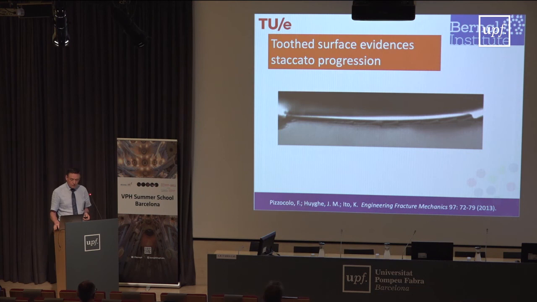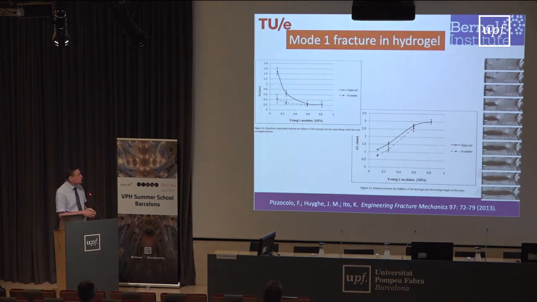We also could show that the distance between the teeth depends on the Young's modulus. We did many of these experiments, and you see that as Young's modulus increases, you get a longer distance that it propagates each time between the steps.